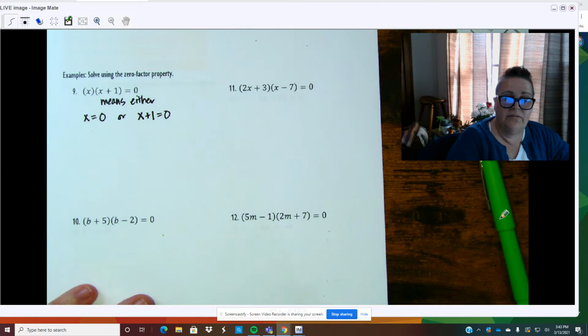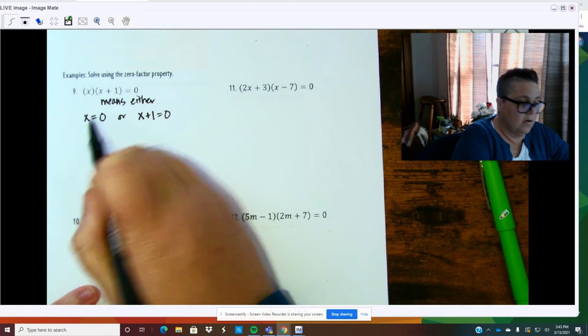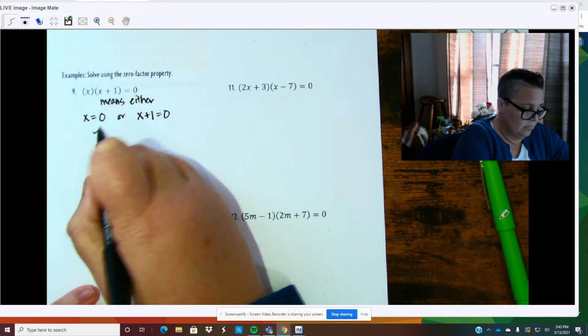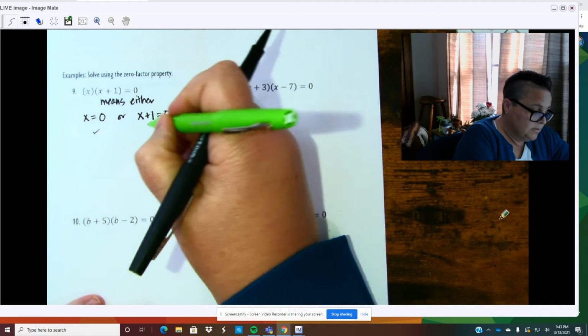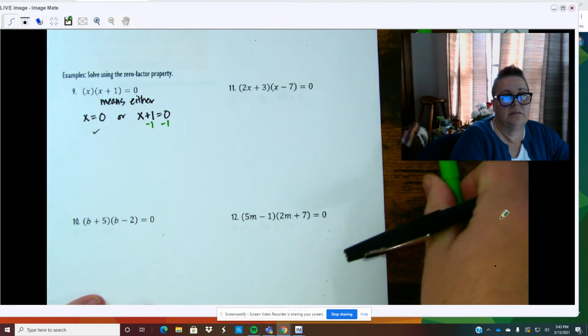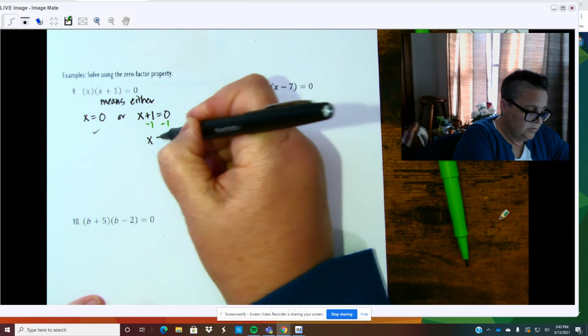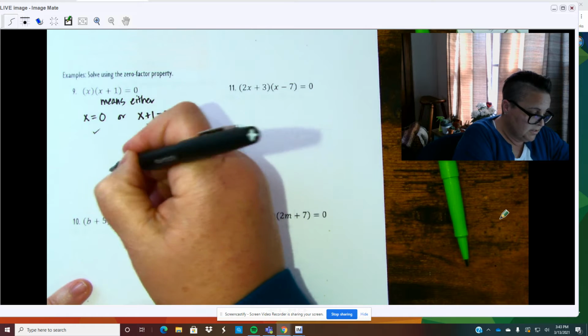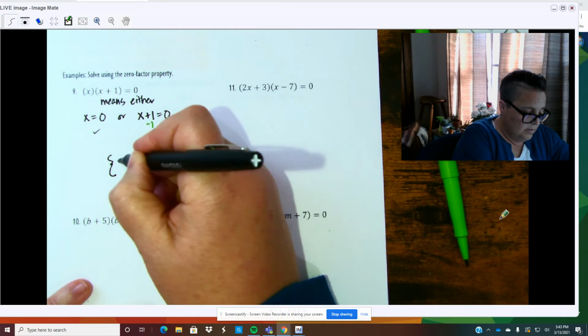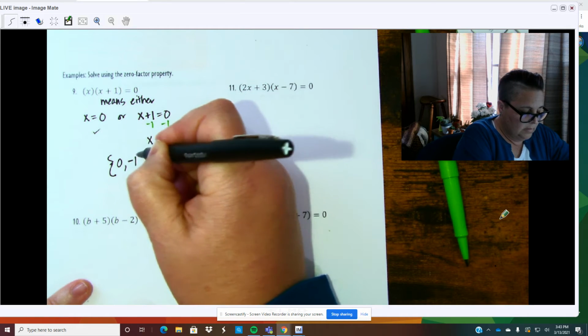So one of the factors, maybe both, has to be 0. If x is equal to 0, I'm done. But if x plus 1 is equal to 0, then I will subtract 1 from both sides, and x could be negative 1. This means the solution set is 0 and negative 1.